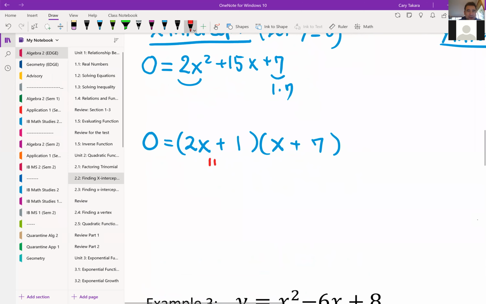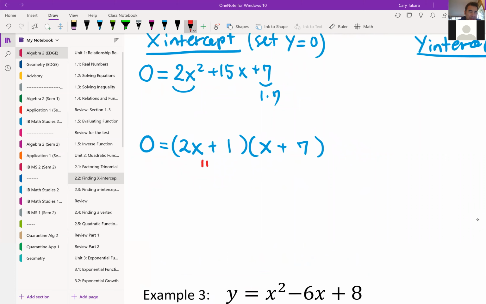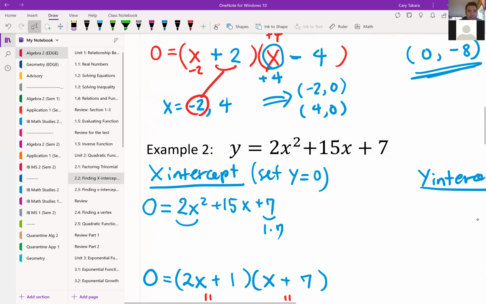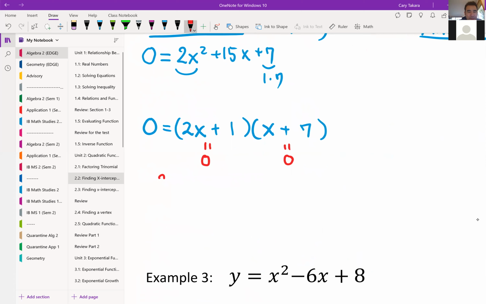However, if you have a little more complicated expression like 2x plus 1, you want to set each parenthesis equal to 0 and then solve it. What I mean by that is you're going to set 2x plus 1 equal to 0.